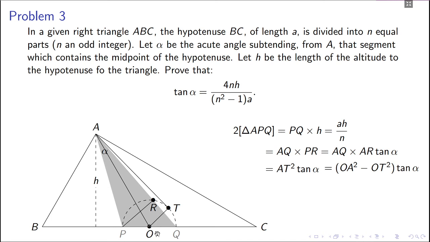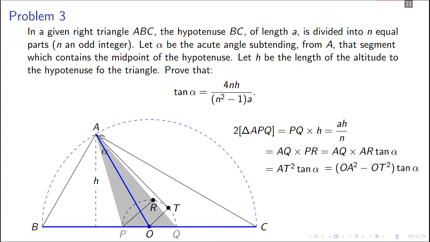And what is OA? Notice that this is also a right angle, so this point A lies on the circle which has BC as diameter. And this is the center of the circle. So what is AO? It is the radius of the circle. So AO equals OB and OC, and BC is equal to a, so the radius is a by 2.